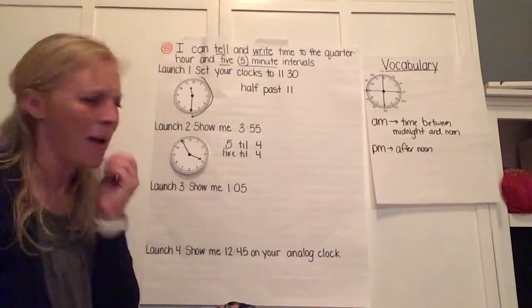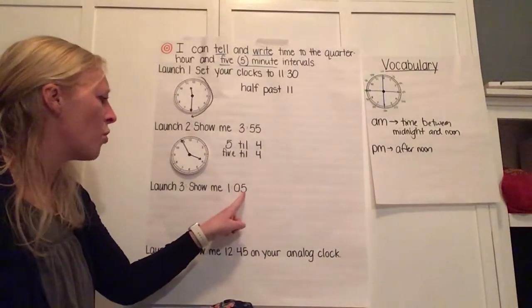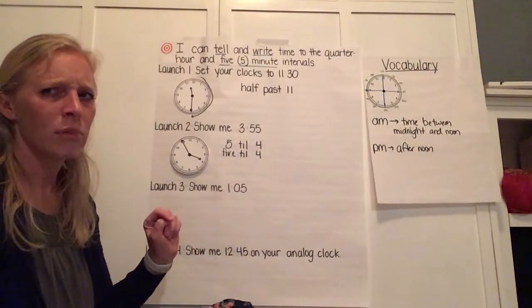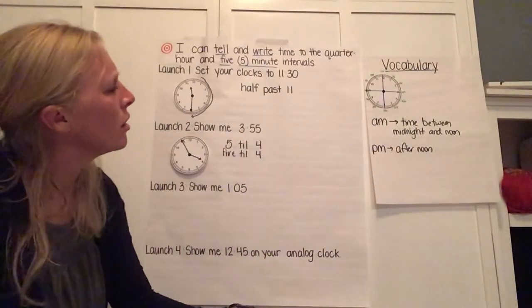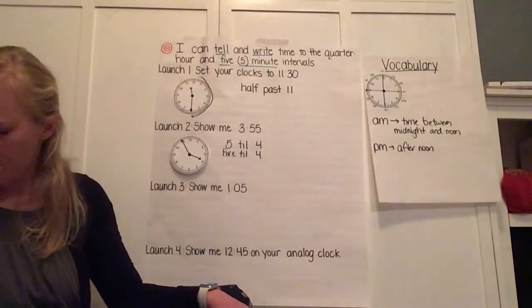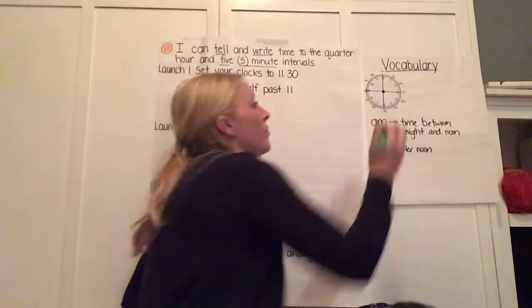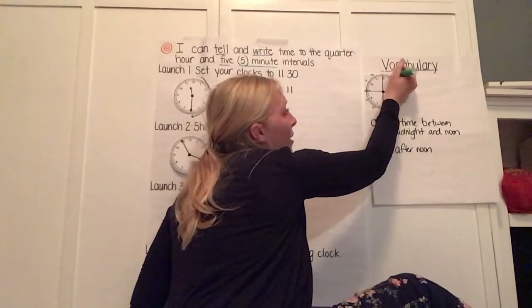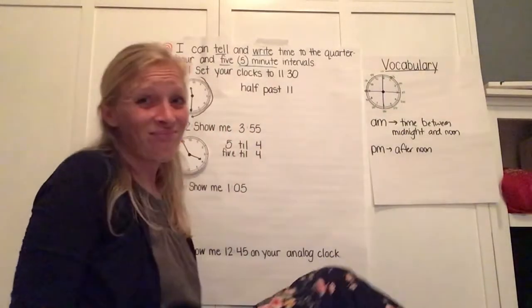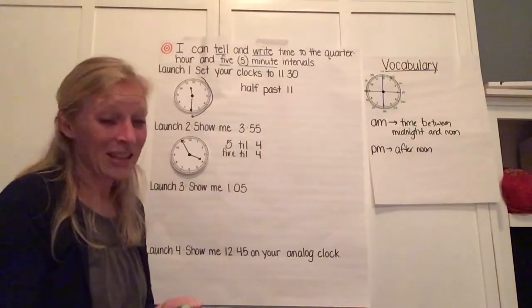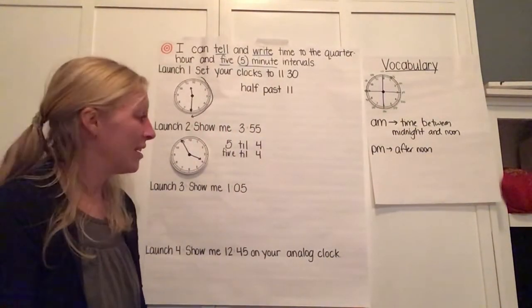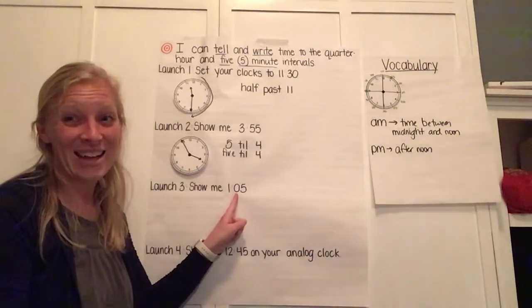What about 1:05? Let's read that again. 1:05. What would that look like on our clock? When we have our 5, we have to remember that there's a 0 in that tens place, right? There has to be a place that holds that.